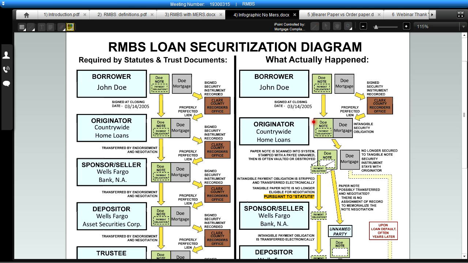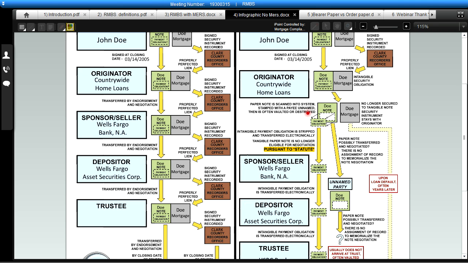Now, upon Countrywide getting the loan back, the paper note and mortgage are scanned into the system. The note is stamped with a payee unnamed, and then is often vaulted or destroyed. Okay, the Doe mortgage is sent with the note to a warehouse or destroyed.